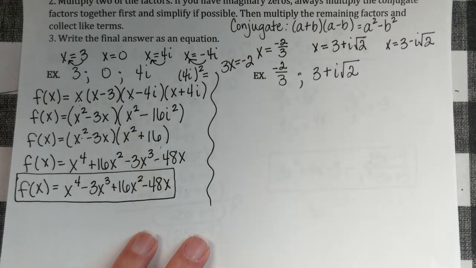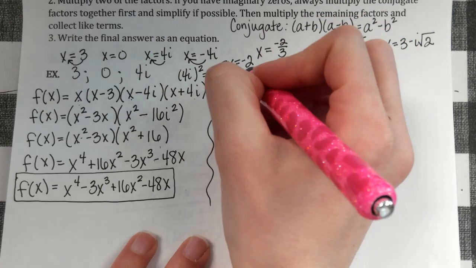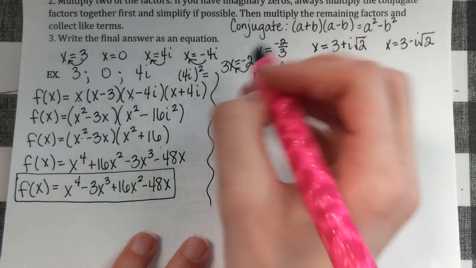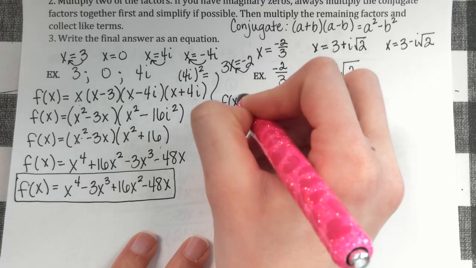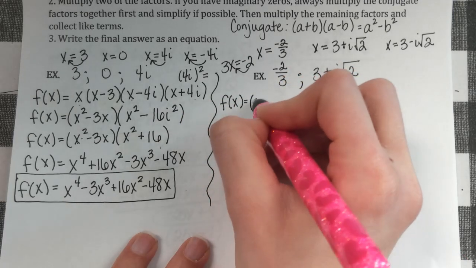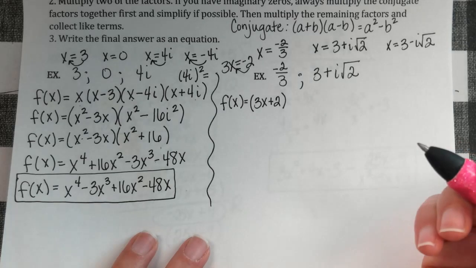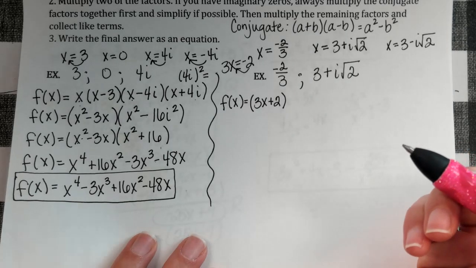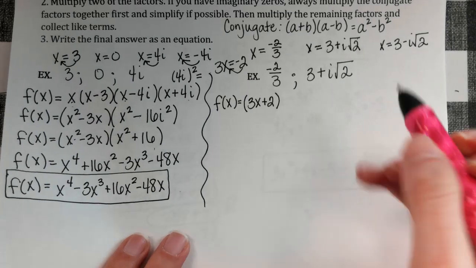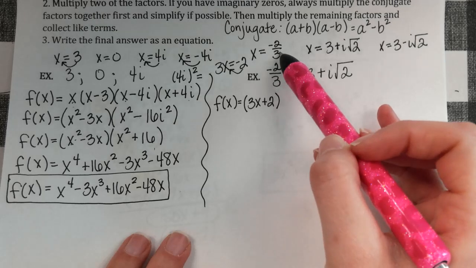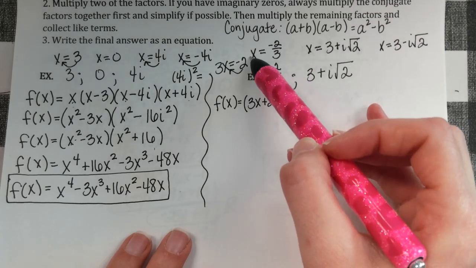Whatever that denominator is, you multiply it to the x, and then you move that negative 2 over. So this is really f of x equals 3x plus 2. Okay, so if I give you a fraction, that denominator was really the coefficient of x if you work in the opposite way.